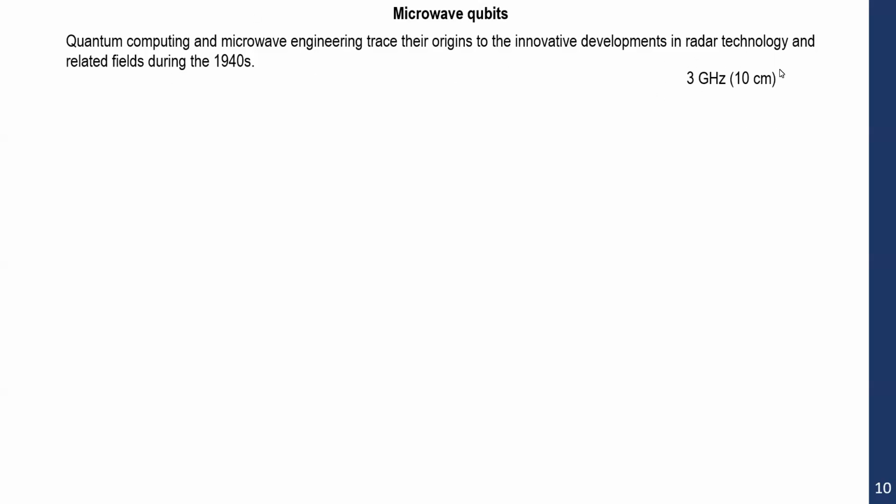So here I put some two numbers. A typical frequency of a microwave field is 3 gigahertz, which corresponds to roughly 10 centimeters in wavelength. Meaning that if our elements get the dimensions of half of the wavelength, we're talking about several centimeters. So it's very feasible to fabricate such devices and to manipulate them.